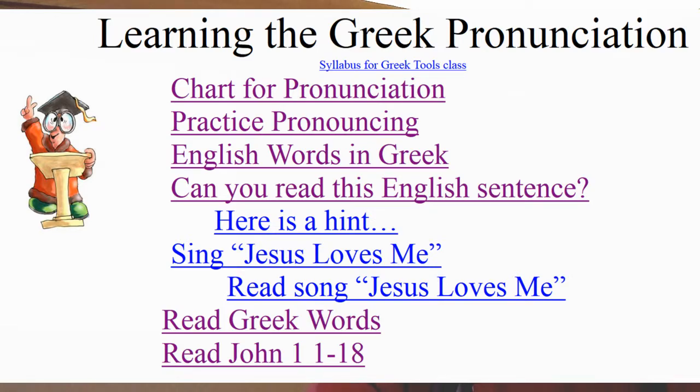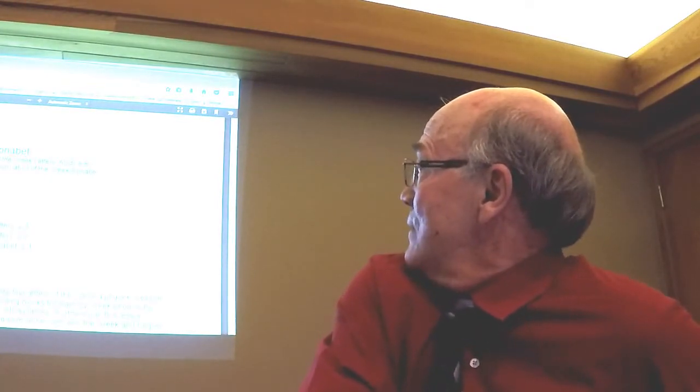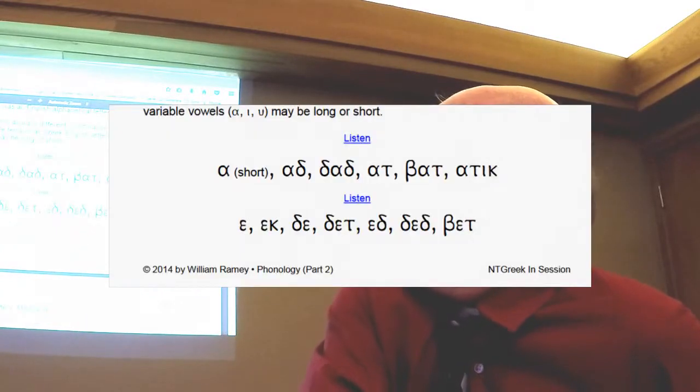If you want to practice pronouncing, this one. You go down, you can read all of that if you want, but in order to practice these letters, let me make it a little bit lower so you can get to it. Okay, what is this letter?